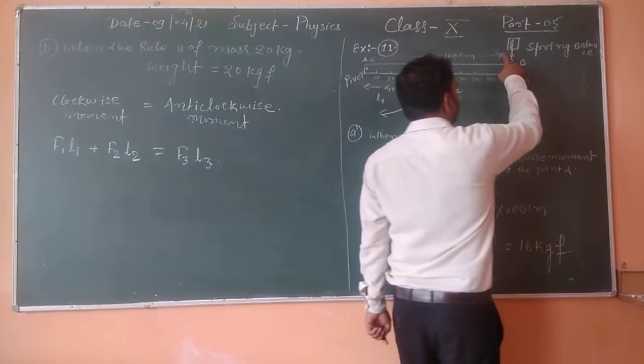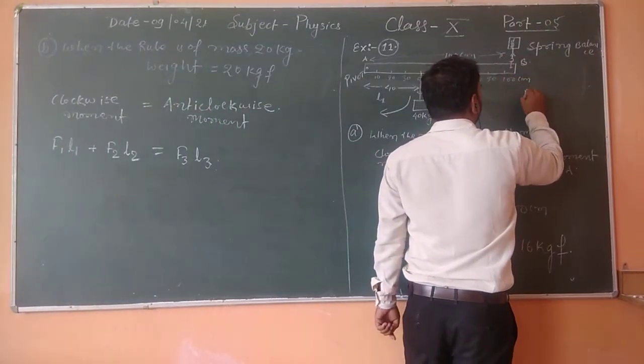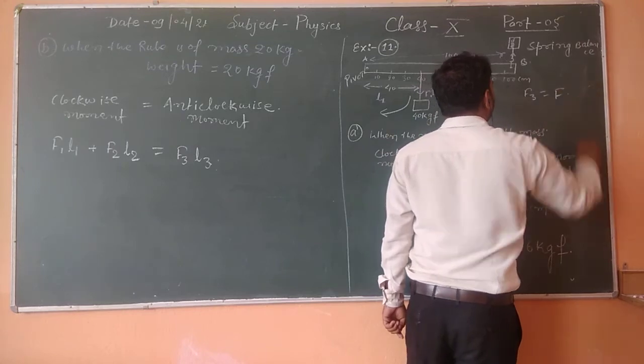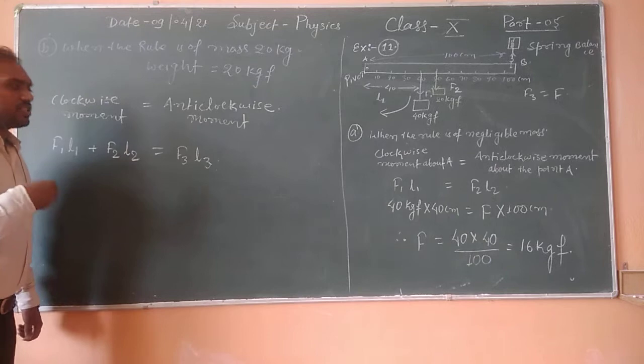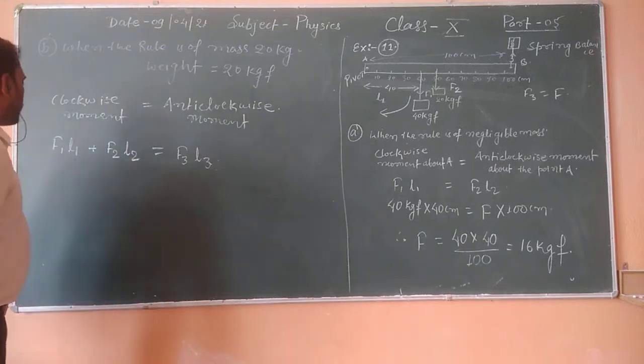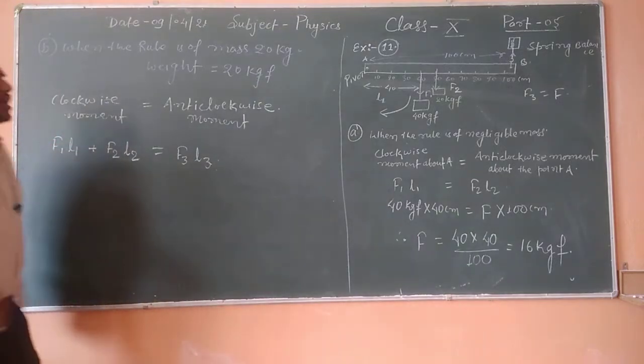I have taken F3 equal to F, the force applied by the spring balance to hold this ruler.